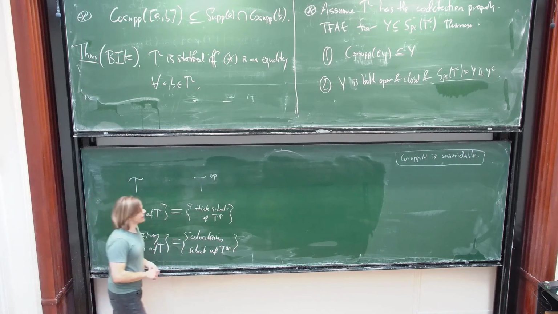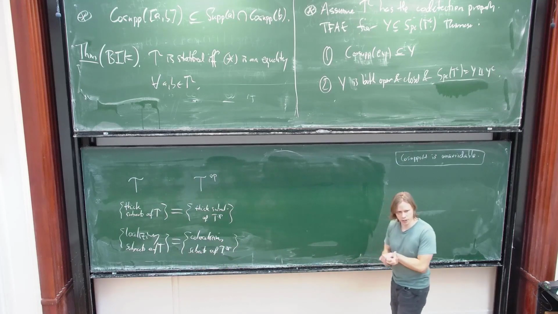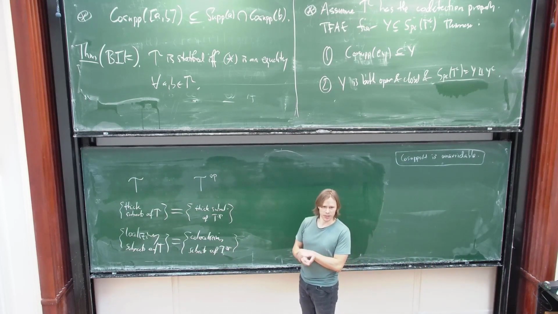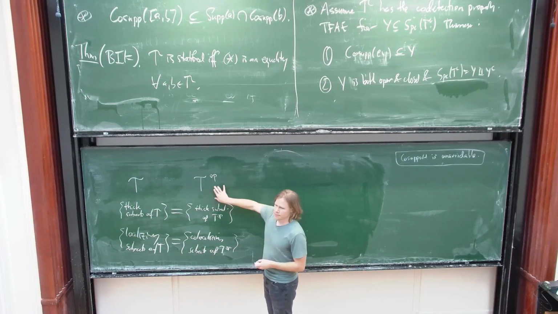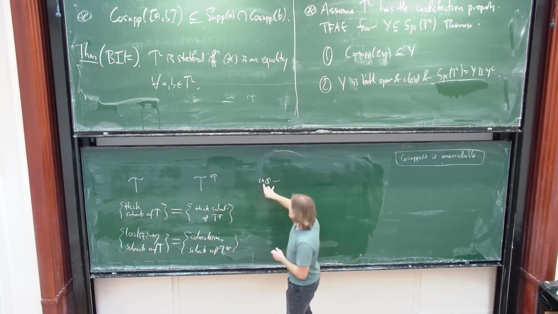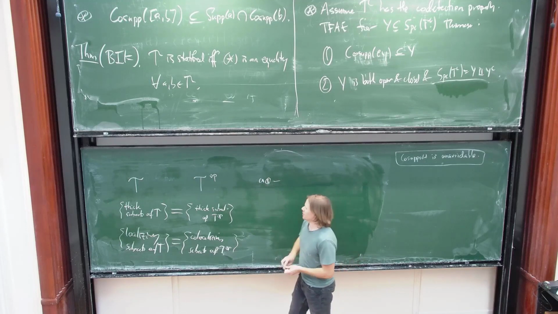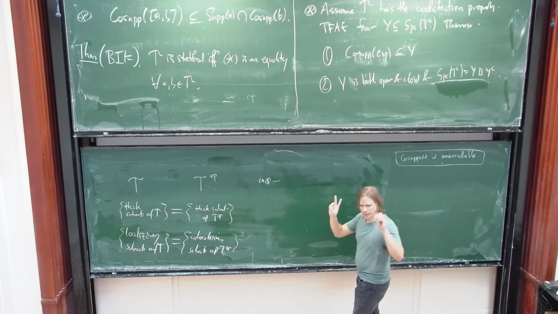For example, T-op inherits a symmetric monoidal structure, but it's not necessarily closed. There's not necessarily any internal hom. And tensoring with a given object does not necessarily preserve coproducts anymore. So I might call this a non-closed tensor triangulated category just to emphasize those potential deficits.